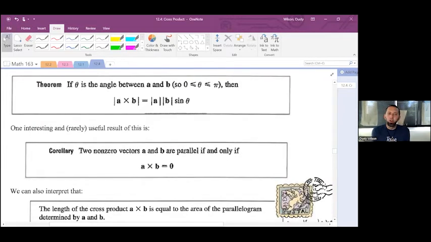One interesting and rarely useful result of this is that two non-zero vectors A and B are parallel if and only if A cross B equals 0. So a way of finding out if vectors are parallel is by taking their cross product. But there are other methods that are a little bit more valuable.